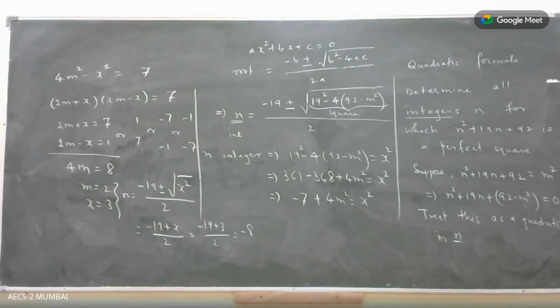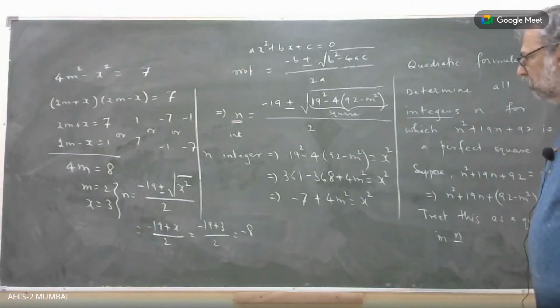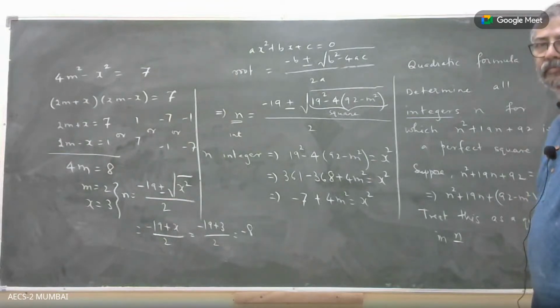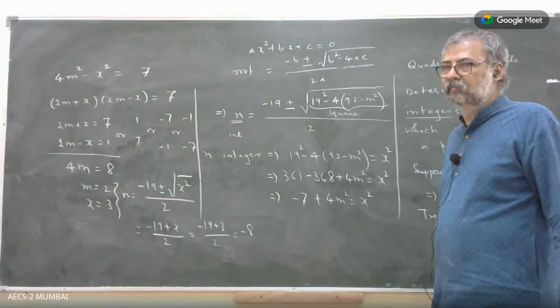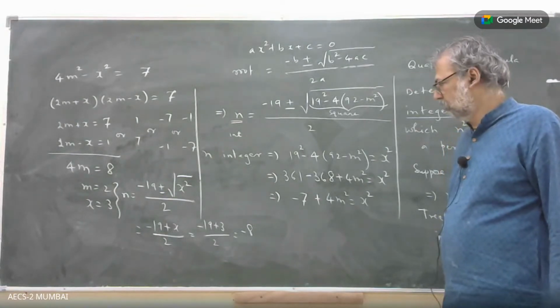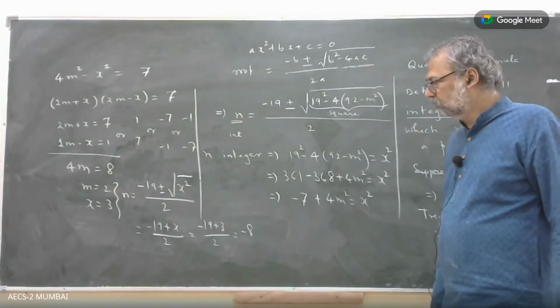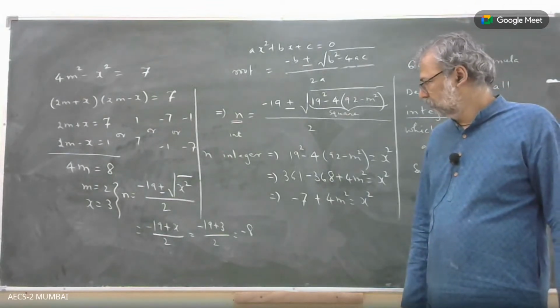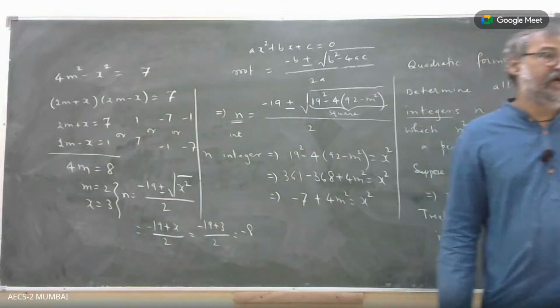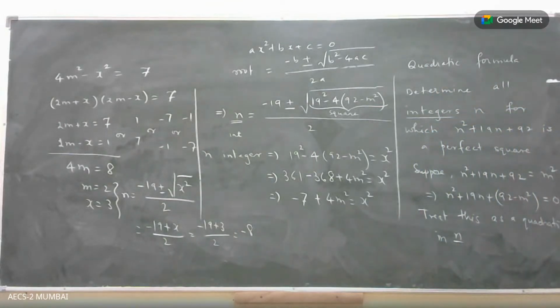So that will give me another value of n. The second value of n is minus 11.